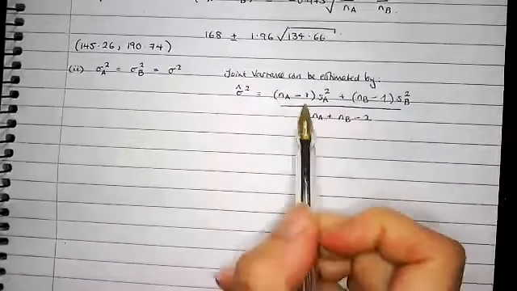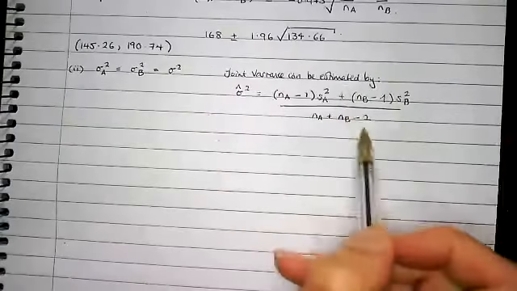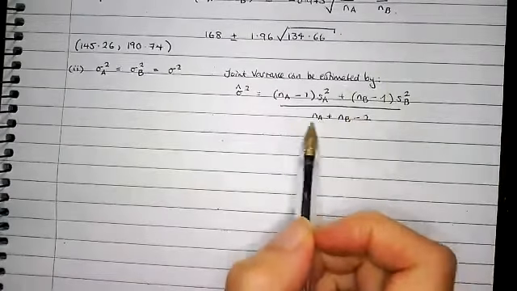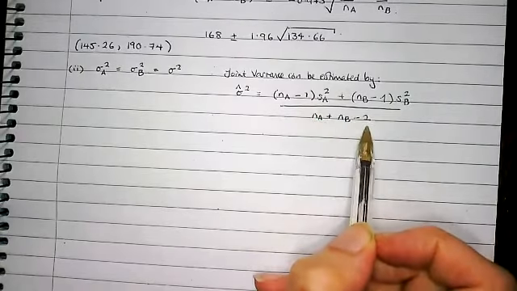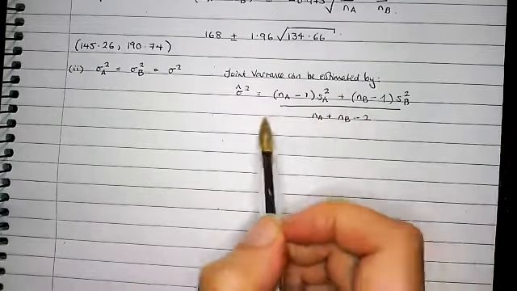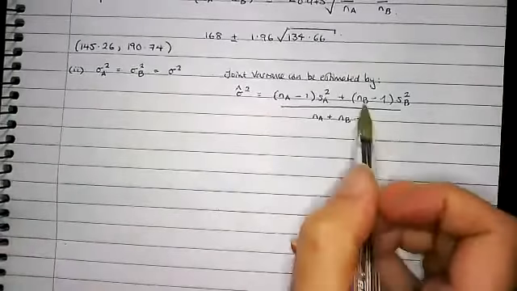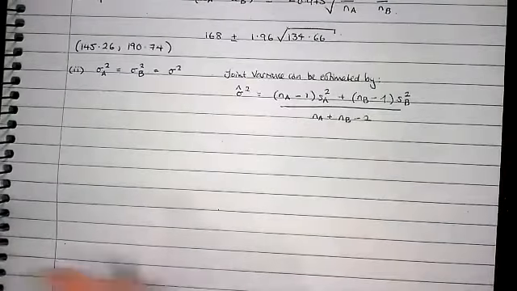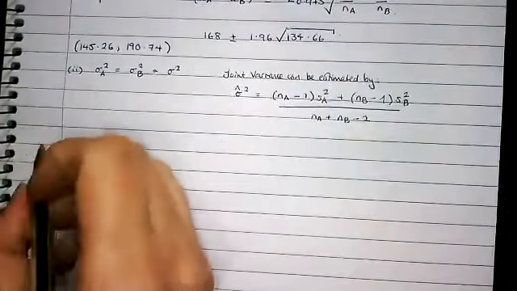So multiplying by nA minus 1 and nB minus 1 removes those factors. Then I'm dividing by nA plus nB minus 2, because it's two separate samples I'm looking at, so the degrees of freedom needs to be reduced by 2 in order to make it an unbiased estimator. Okay, so there we go.